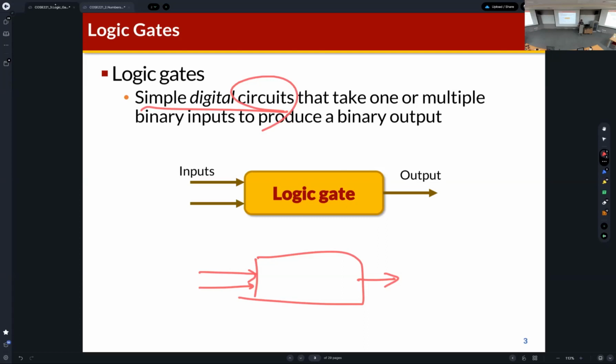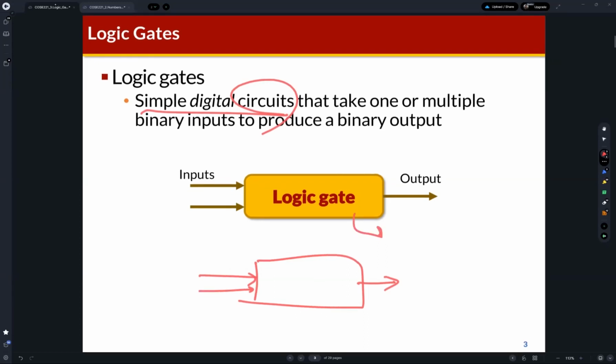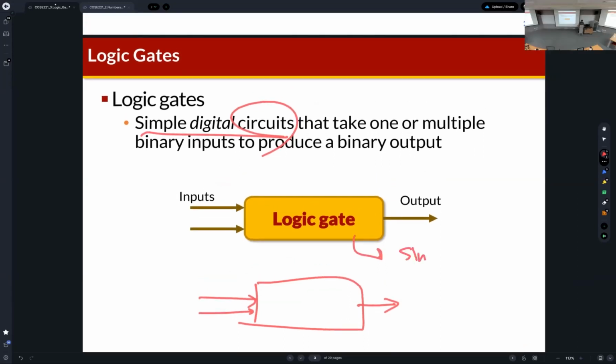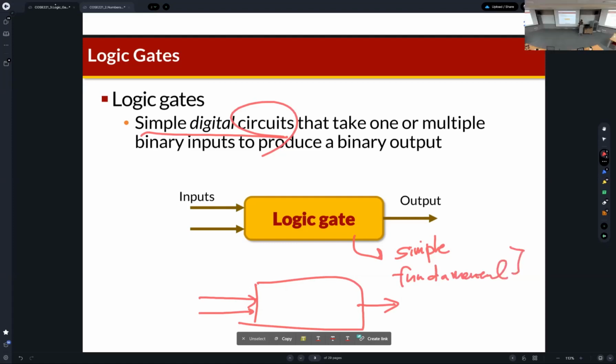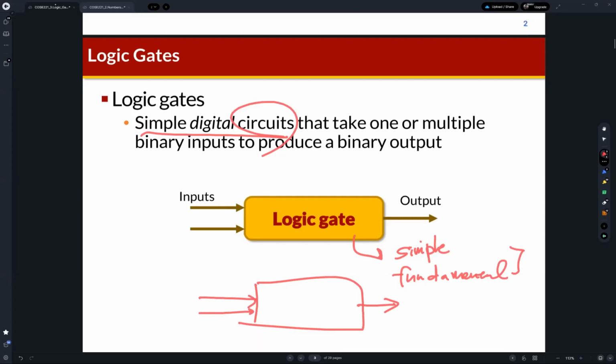Then what is the difference? So the logic gate is a simple and fundamental digital circuit that can compose a complex digital system.